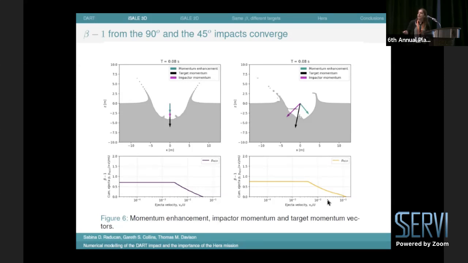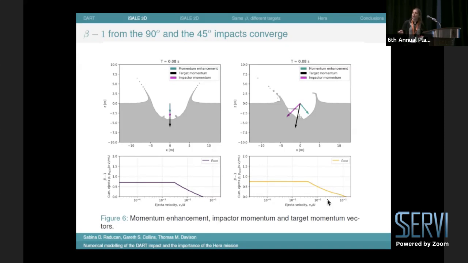In the vertical impact, all 3 vectors point perpendicularly downwards. However, in the oblique impact, the impactor momentum points at a 45-degree angle, the momentum enhancement points at an oblique angle from a different direction, and the target momentum, the one in black, points downwards, but again at an angle. Underneath are 2 graphs showing the cumulative ejected momentum, which is beta minus 1, from the 2 simulations.